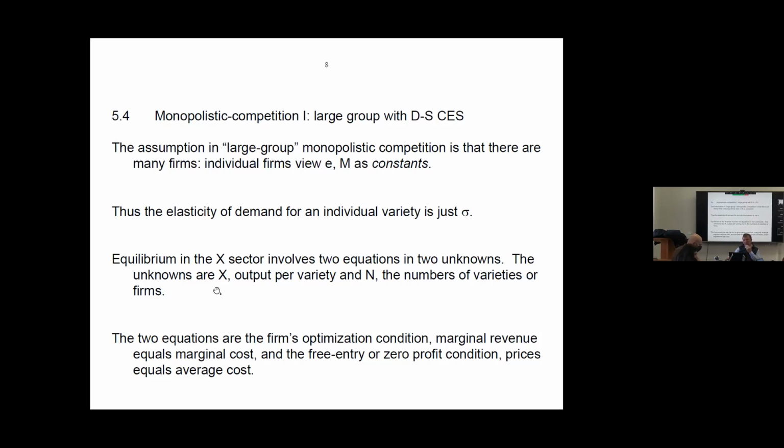Equilibrium in the X sector involves 2 equations and 2 unknowns. The unknowns are X, which is output per variety, and N, the number of varieties per firm. The 2 equations: the first one is the firm's optimization condition, marginal revenue equals marginal cost. The second one is the free entry or zero profit condition, that price equals average cost.